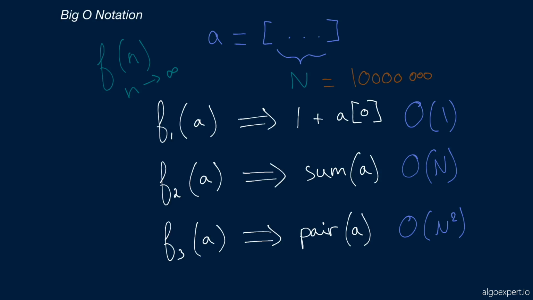And so it turns out that 1 plus a of 0, or accessing a value in an array at a given index 0 here, this constitutes an elementary operation. But perhaps a better way to really grasp this is to go back to our memory video where we explained how data is stored under the hood in memory.